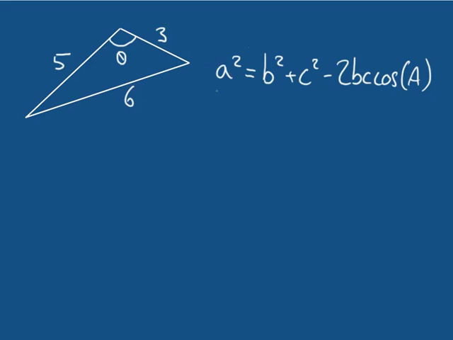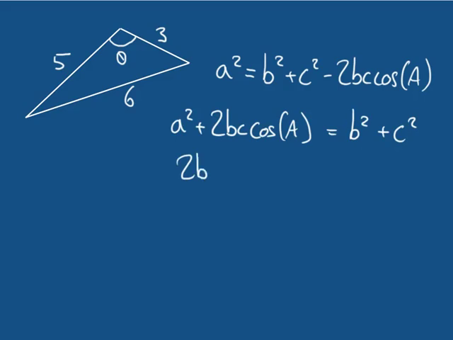So as long as we keep that in mind, what we need to do is rearrange to find the angle A. So I'm going to start out by adding 2bc cosine of A to both sides of the equation. So we'll get a squared plus 2bc cosine of A is equal to b squared plus c squared. I'm then going to subtract a squared from both sides. So 2bc cosine of A is equal to b squared plus c squared minus a squared.